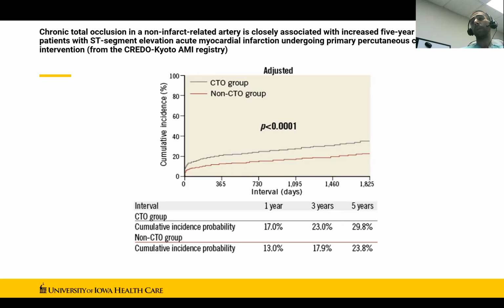And even after ruling out those within 30 days, there was a significant survival advantage in patients who did not have a CTO. So if your patient has a CTO and lo and behold presents with an MI or STEMI, then their survival is significantly lower. So it kind of pays to not have a CTO, if you will, in your artery.